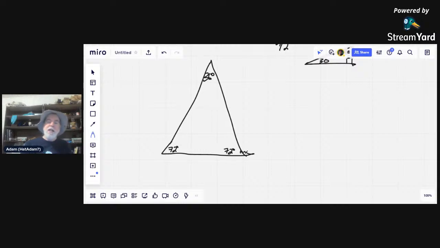And the thing is, if we bisect this angle right here, so now this angle here is 72 degrees, but these little angles here are 36 degrees each.